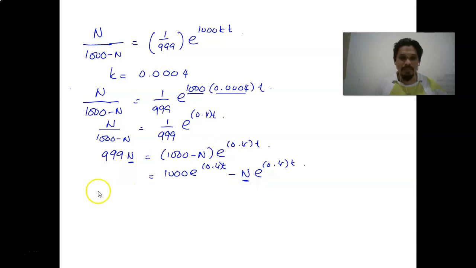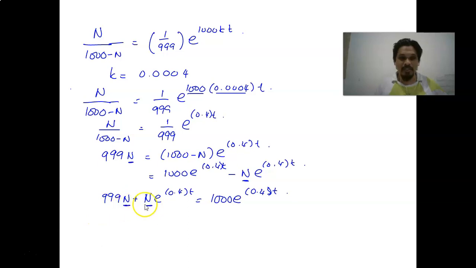So bring this to the left side. 999 n, negative become positive, plus n e power of 0.4 t, equal to 1000 e power of 0.4 t. Okay, then factorize these two.